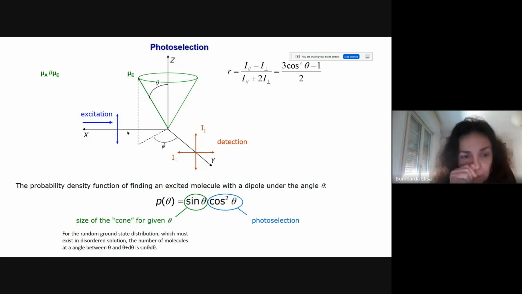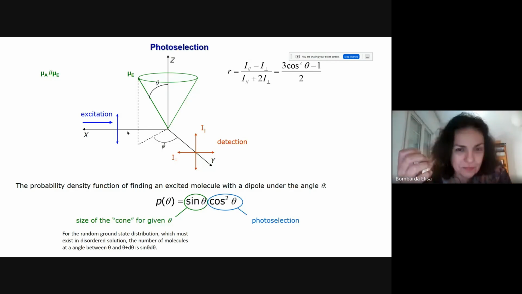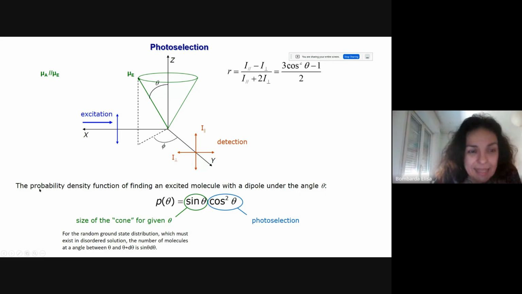Okay, but for seeing the anisotropy, the molecule needs to emit. But for emitting, the molecule needs to be excited. So it is also important to take care of the probability to find an excited molecule with a dipole under the angle theta, which is that one.